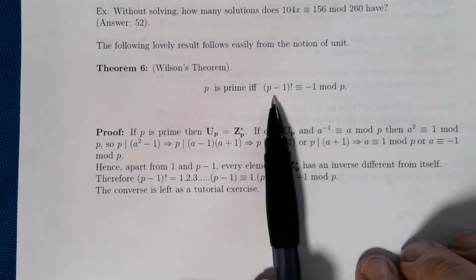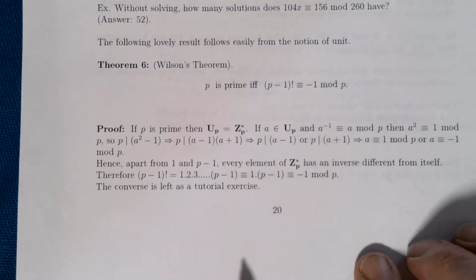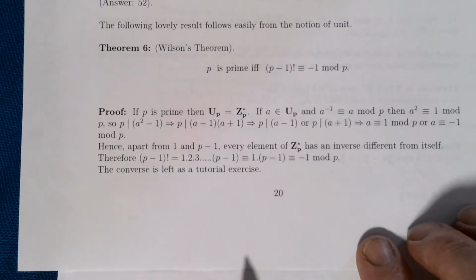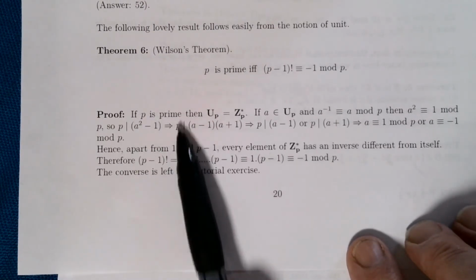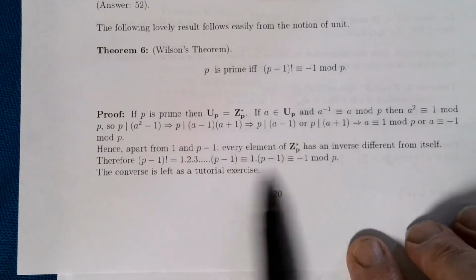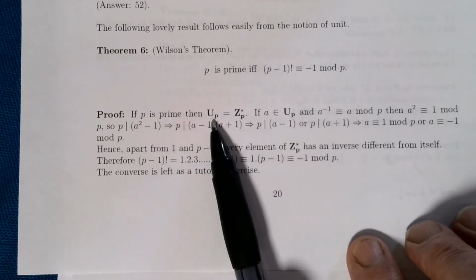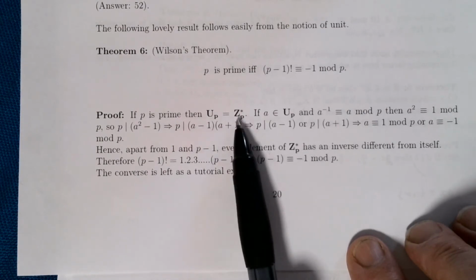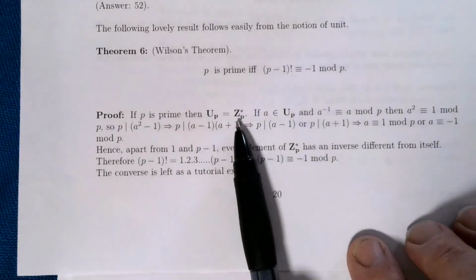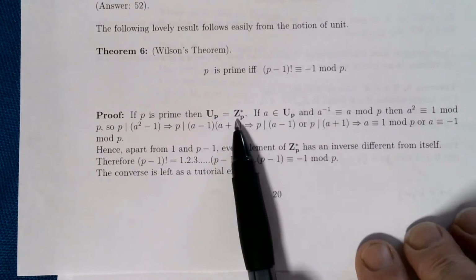So this is called Wilson's theorem. The proof of it is fairly easy, in fact. I'm only going to do one way. First I'm going to prove that if p is prime, then this is true. So if p is prime, then the group of units is equal to just Zp star, that is all the numbers from 1 up to p minus 1, and we're excluding 0 in that list.